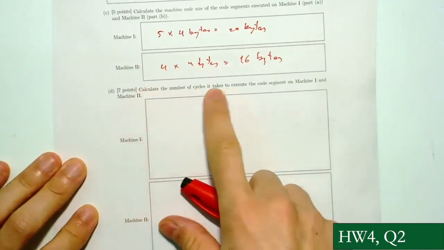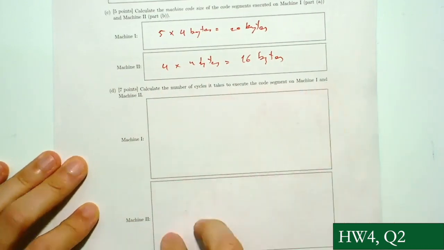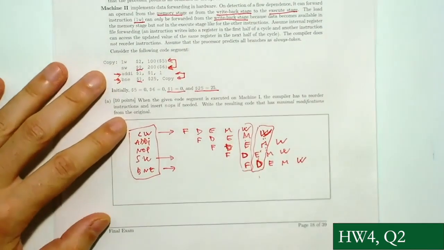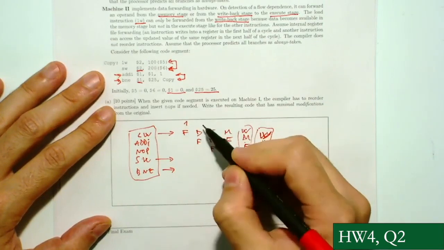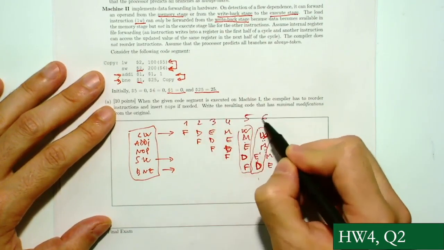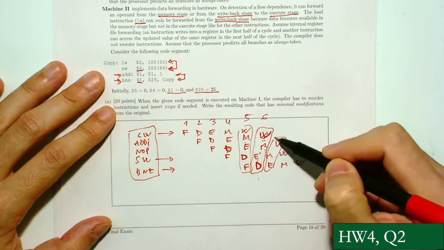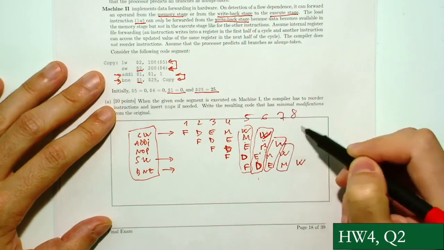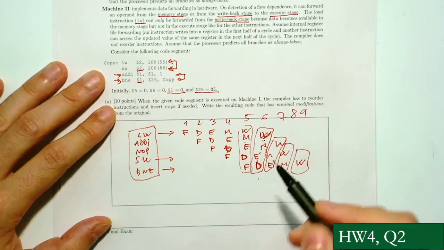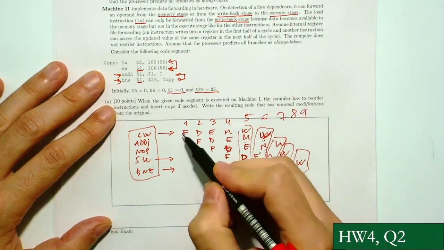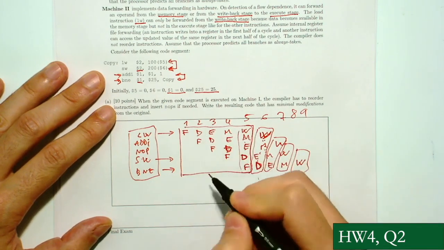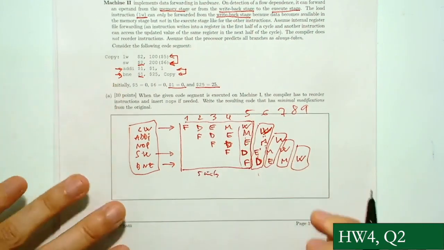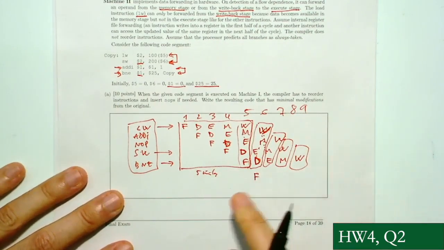So calculate the number of cycles it takes to execute the code segment on machine 1 and machine 2. For machine 1, you already have this diagram here, right? This is cycle 1, cycle 2, cycle 3, 4, 5, 6, 7, 8, 9. So this is one iteration of the loop. In one iteration you can issue 5 instructions, and the next loop can start immediately after these 5 instructions.